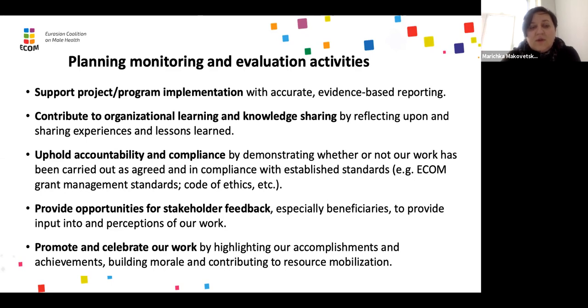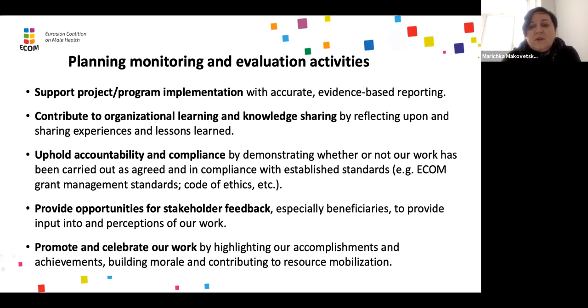You will promote accountability and compliance of your organization, and you will demonstrate to your donors how you work, that your work was carried out in compliance with their standards. For example, if you have a code of ethics, you should also take it into account and show that you are compliant with this.